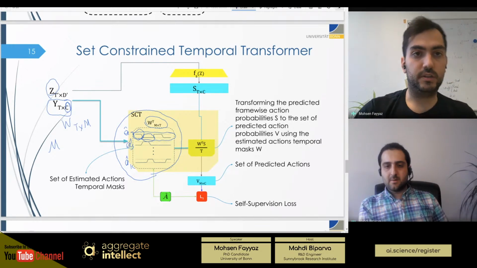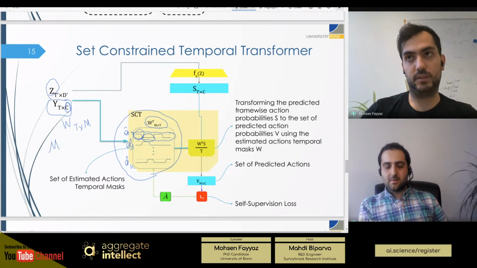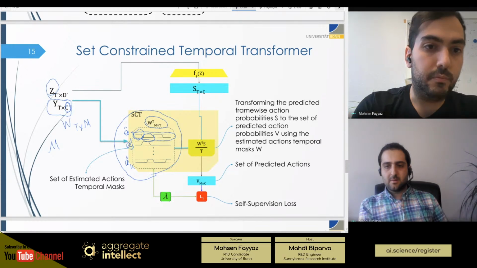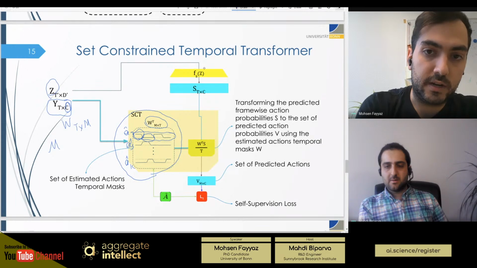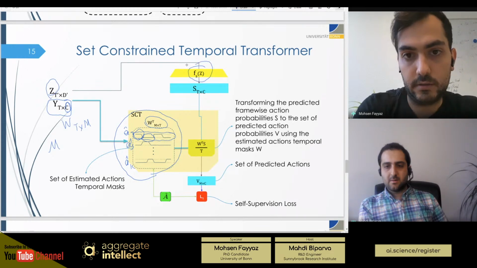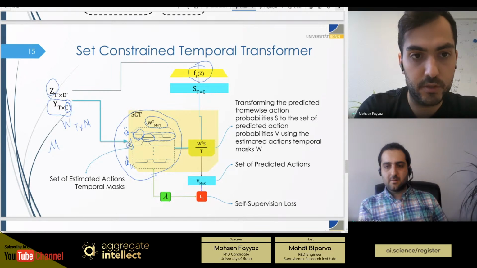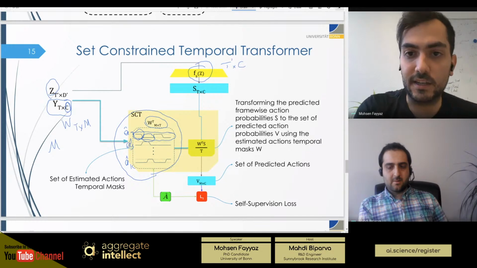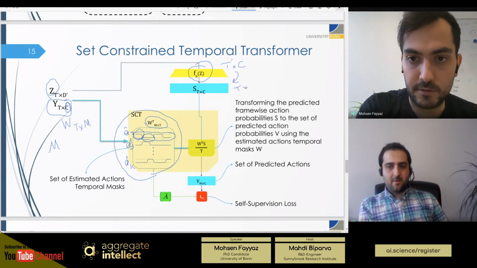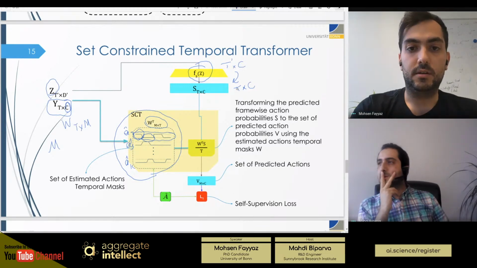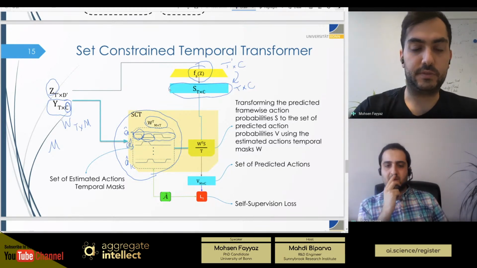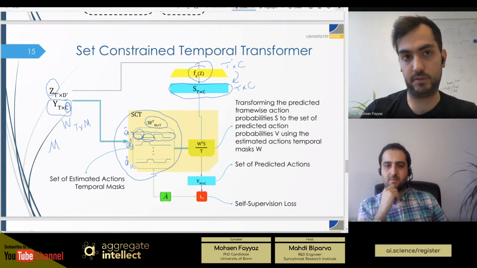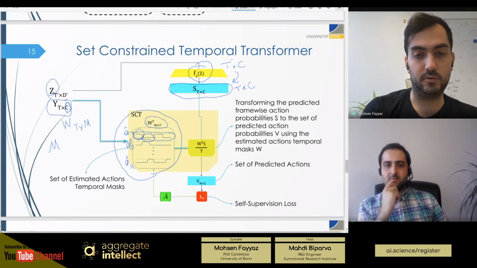So it is somehow in a shallower layer of the network, so it has higher temporal resolution but lower contextual information. We use a classifier network here, which is a convolutional layer, to map this representation to T prime by C. So we have the action probabilities, and then we do a simple linear interpolation to get it to T by C. So we have this intermediate representation called S, which has higher temporal resolution but lower contextual information because it's in a shallower layer.